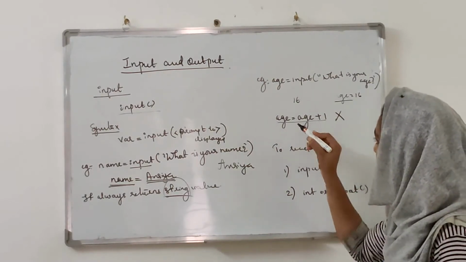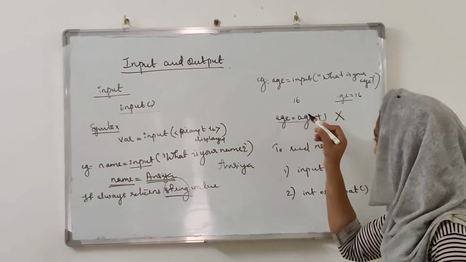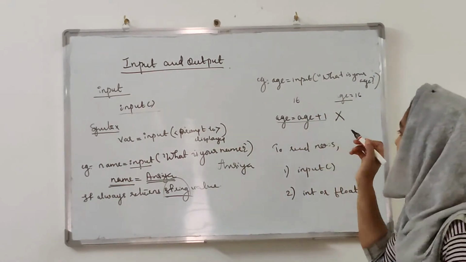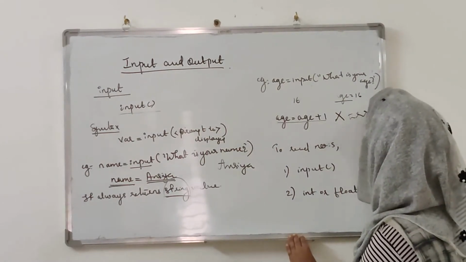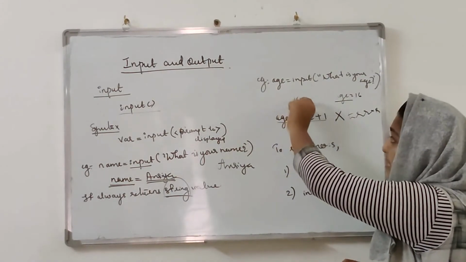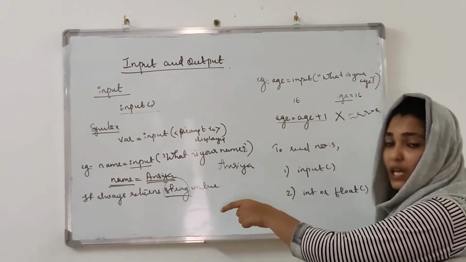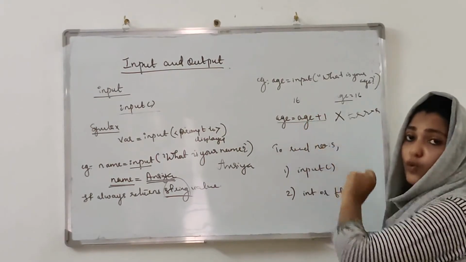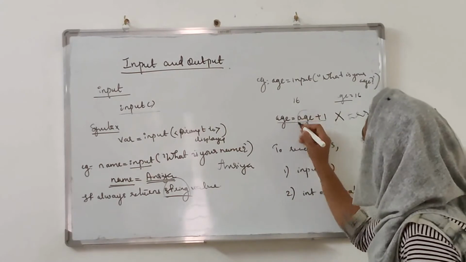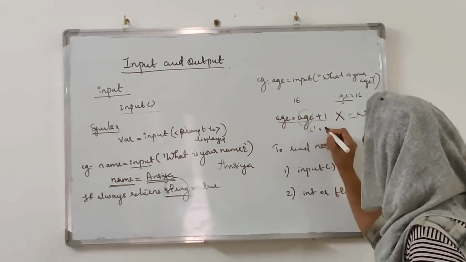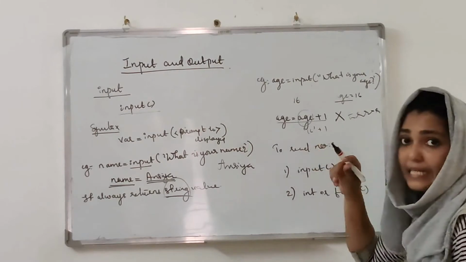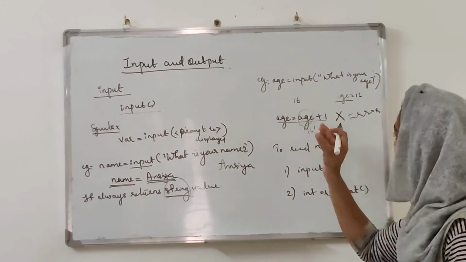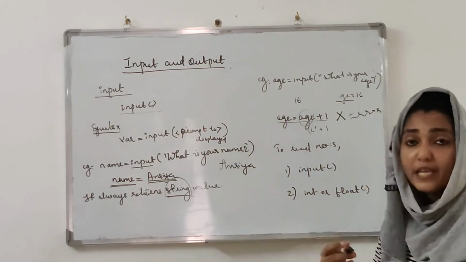Whenever I try to change the value of age from 16 to 17 using this statement, it will give an error message, because the value 16 is seen by Python as a string, and it is not possible to add a string value and an integer value. Then how is it possible to read the value exactly as a number?